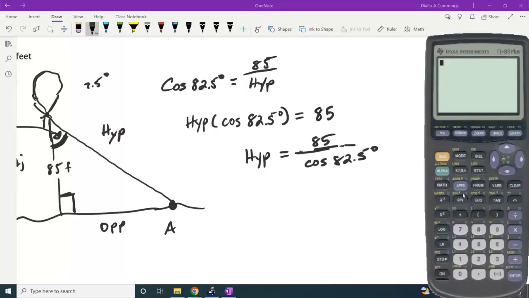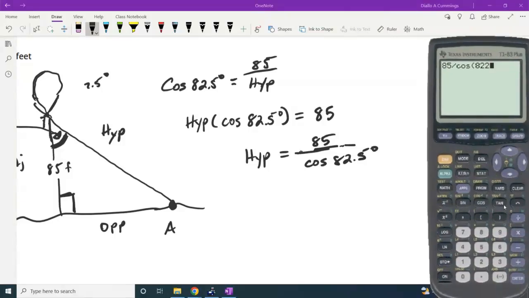So I'm in the right mode. And we have 85 divided by the cosine of 82.5. And that gives us a distance of 651.